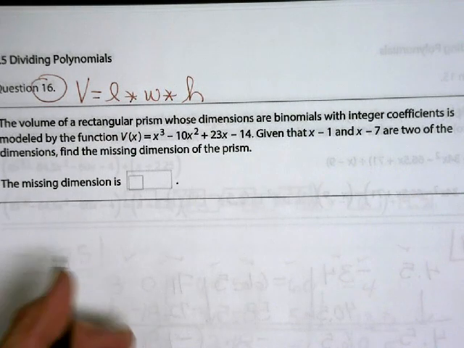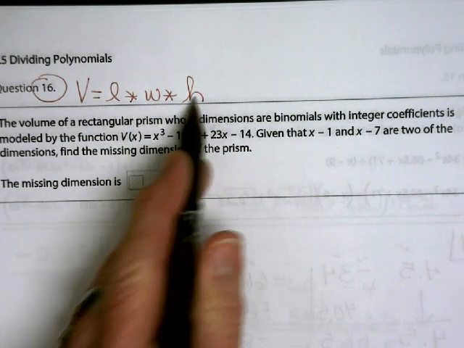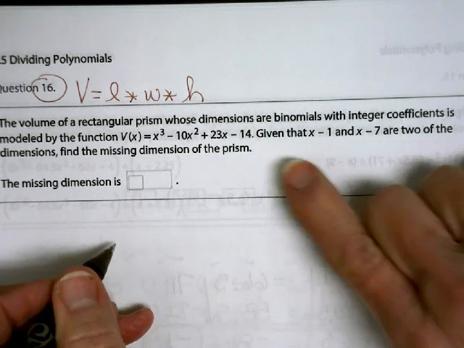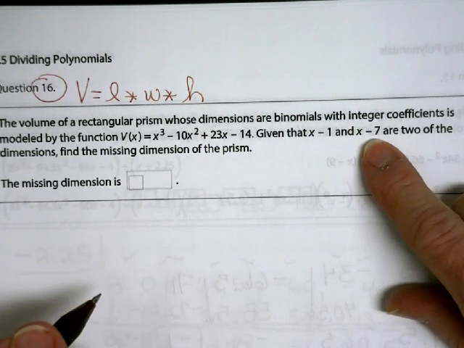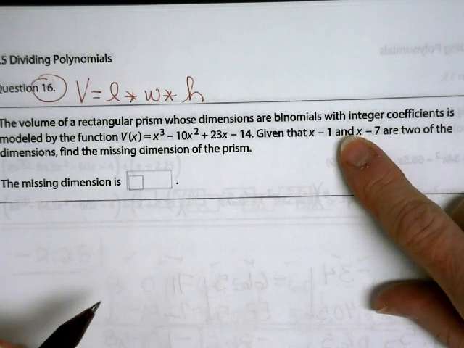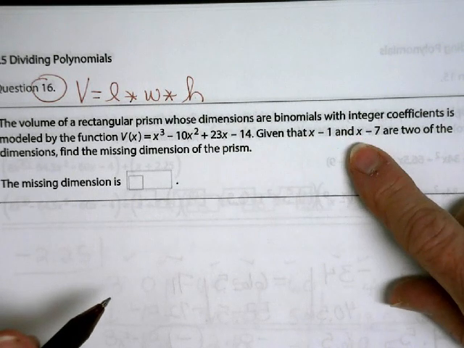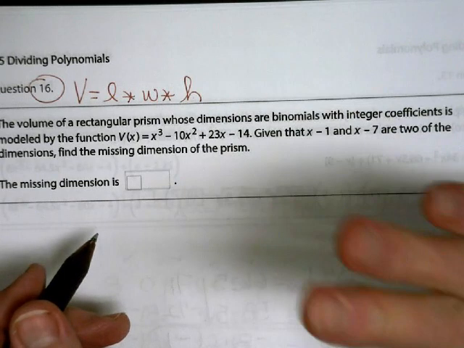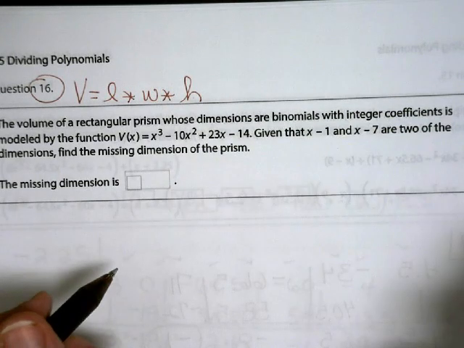And the only thing that now you have to write down, it says, if I multiply these three out, I get this polynomial. Given that these two binomials, and they're linear, okay, they're to the power of 1, are two of the dimensions, I need to find the third dimension.